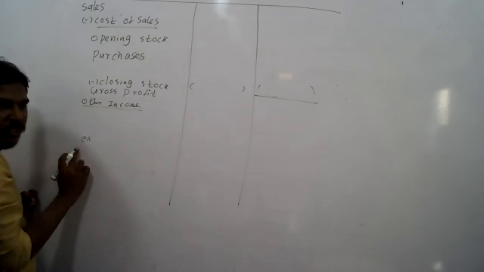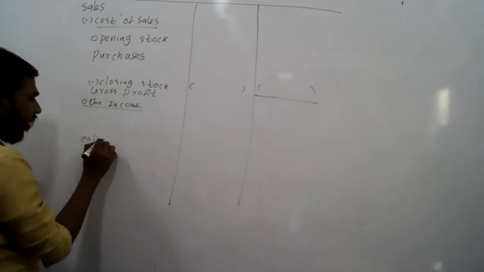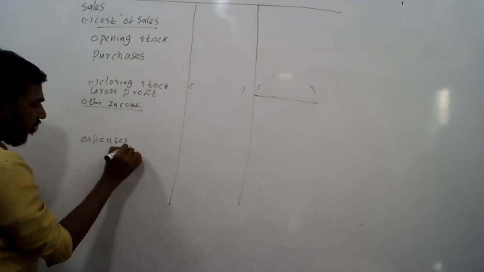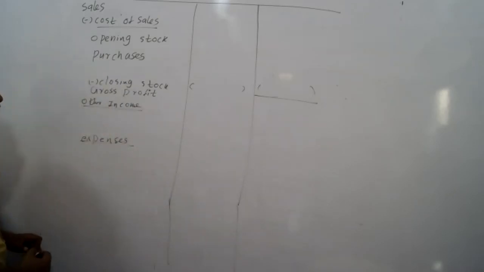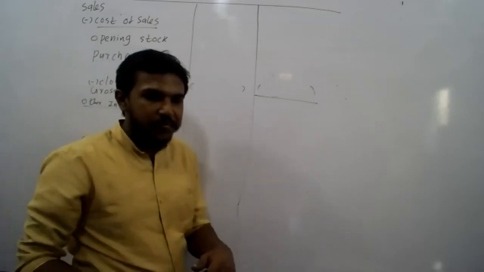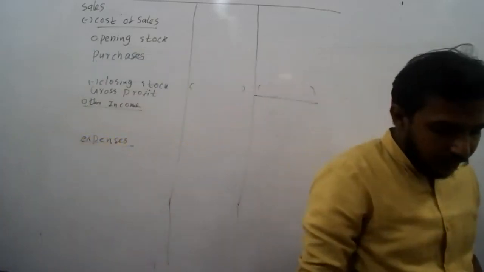No need to bifurcate the expenses like selling and distribution and all. Just say expenses.